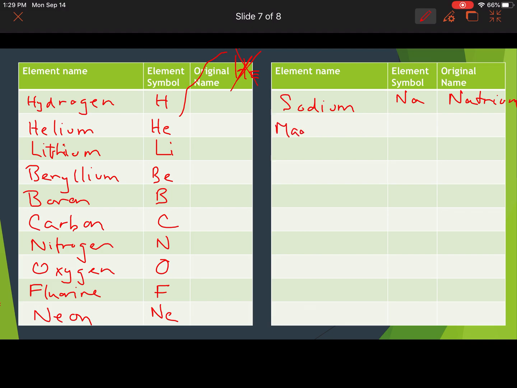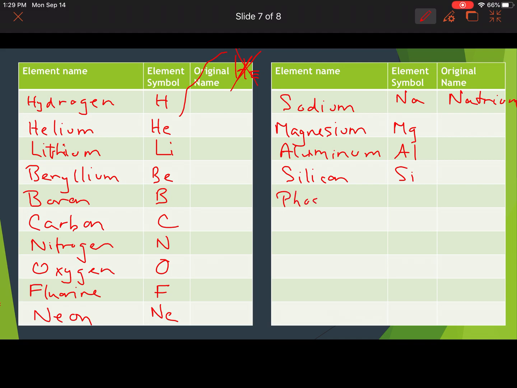Next we've got magnesium, and that's Mg. After that, we've got aluminum, and if you were British, you would call it aluminium. So aluminum, Al. And then silicon is Si.